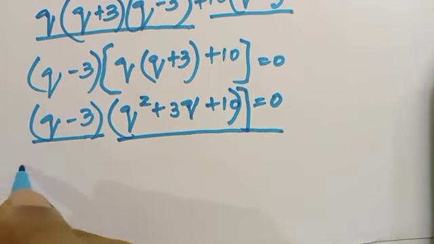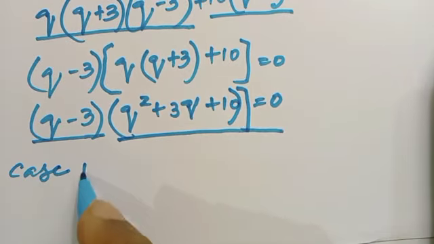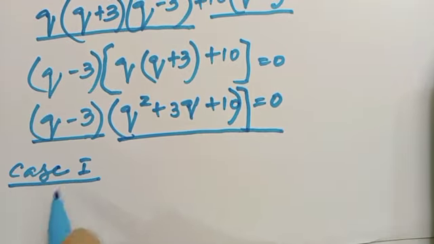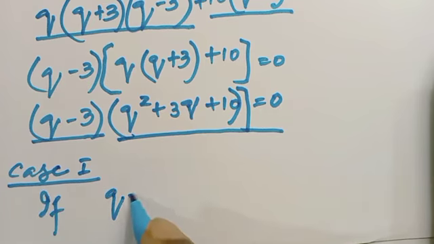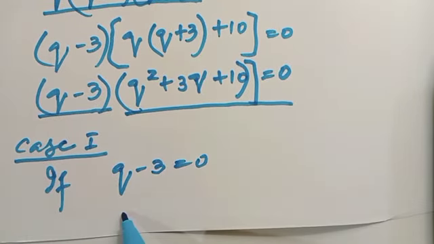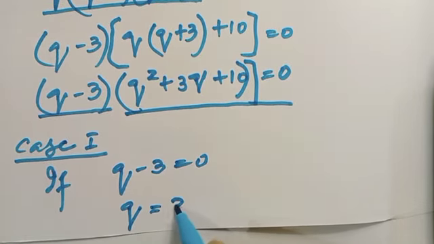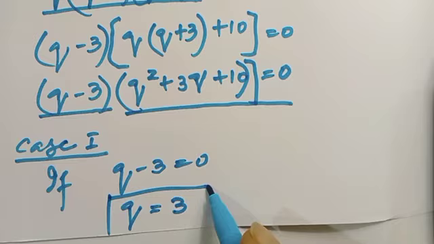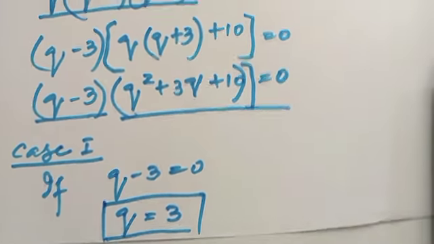Case 1: if q - 3 = 0, then q = 3. So one value of q is 3.